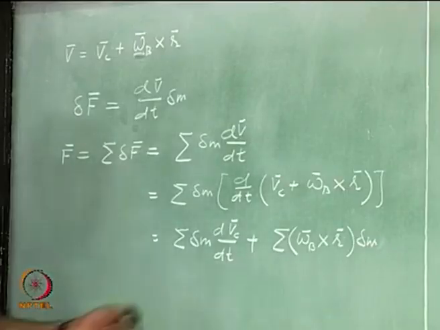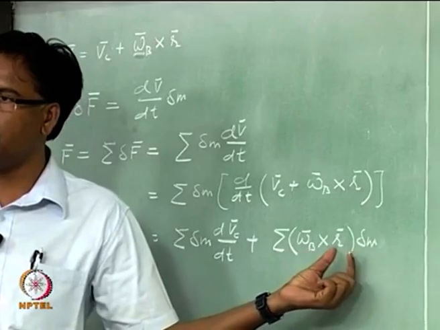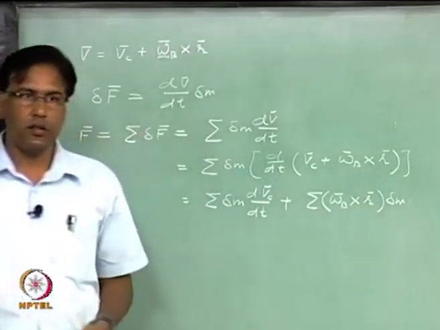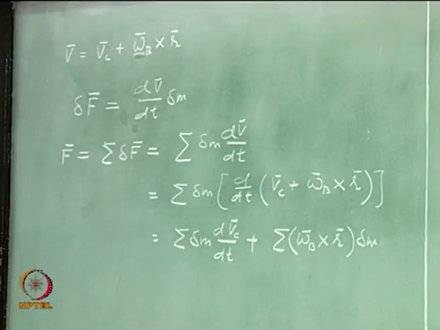This omega_b is actually independent of this elemental mass, right, it is the fixed angular velocity vector, it does not depend upon the mass.